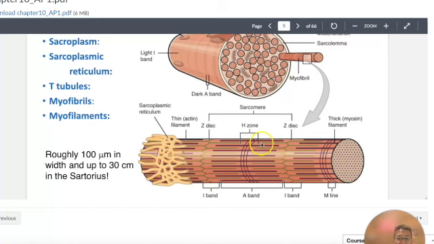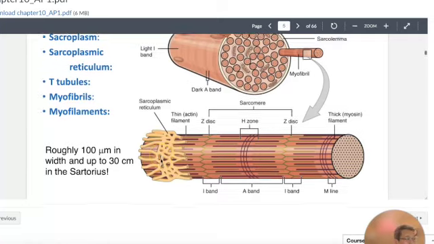When the muscle contracts, it slides. That sliding little section is called the H zone. M line right here is where the thick myosin filaments are. And again, this mesh-like looking thing is the sarcoplasmic reticulum.